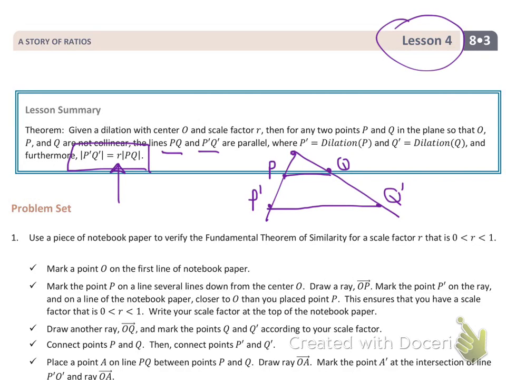The segments on the side we dilated according to our scale factor directly, so we expected them to be in proportion, but we found that the segments joining any 2 points that we then dilate are also in proportion. So that was a surprising thing to have come up. In lesson 5, we're going to talk about what happens to this theorem if we turn it around backwards.